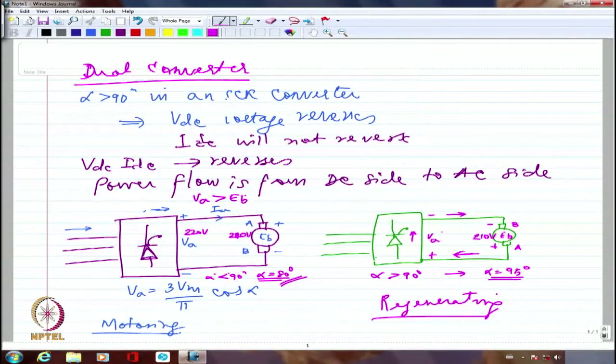Very clearly here VA magnitude has to be less than EB magnitude. I'm carefully writing magnitude because I don't want you to confuse yourselves with the minus sign and say which is greater, which is less and things like that. So I'm saying that VA magnitude has to be smaller, only then the current will flow from the EB side to VA side. Is that clear?